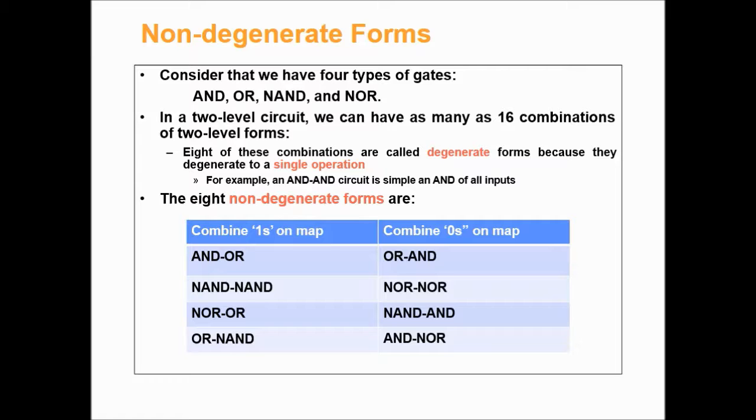If we assign one type of gate for the first level and one type for the second level, we find that there are 16 possible combinations of two-level forms. Eight of these combinations are said to be degenerate forms because they degenerate to a single operation.